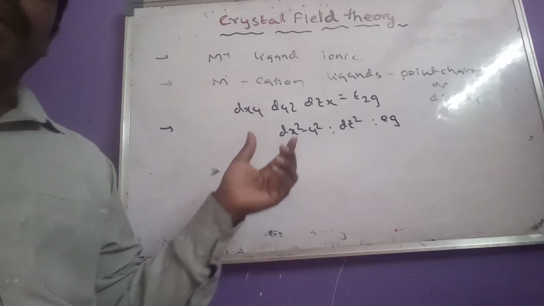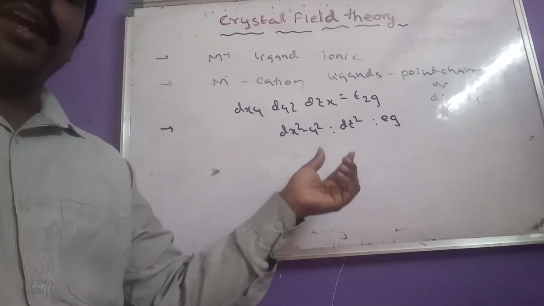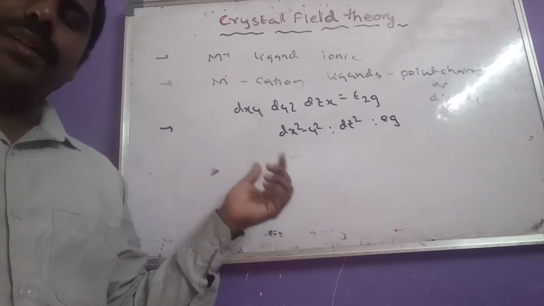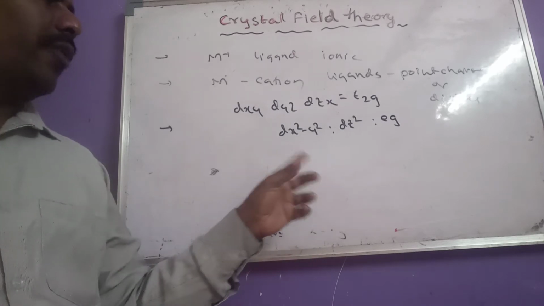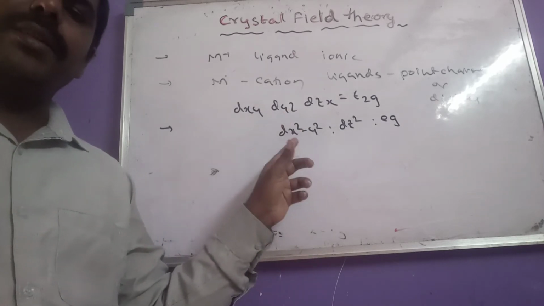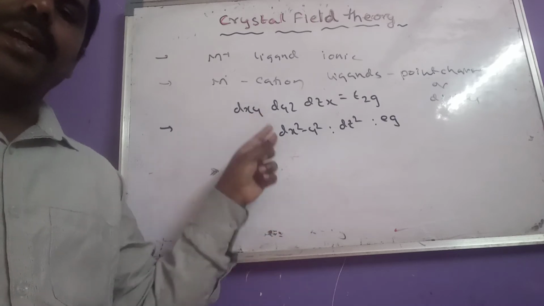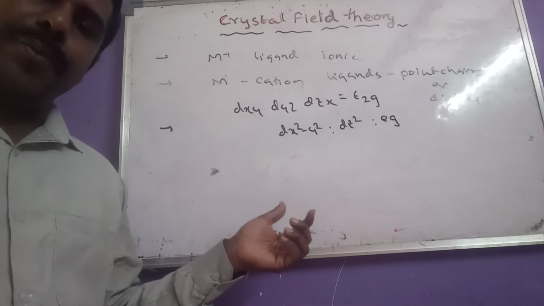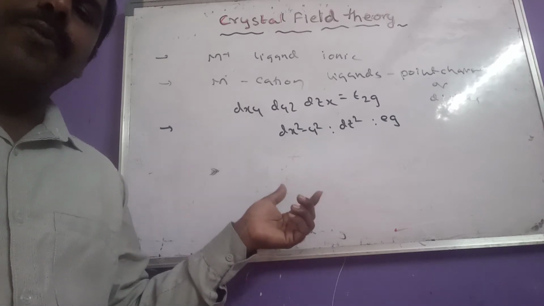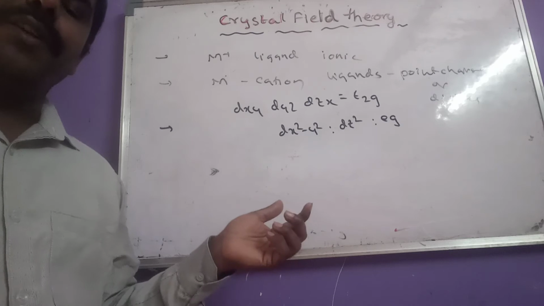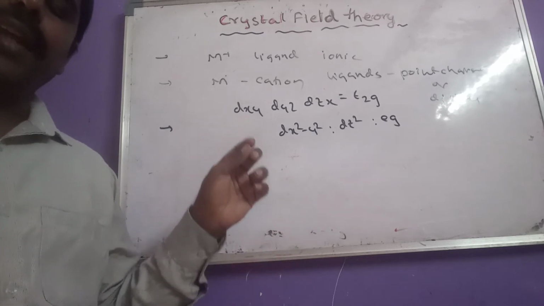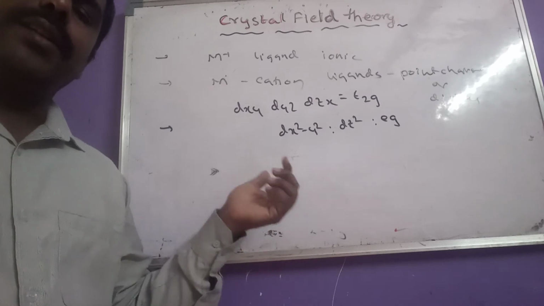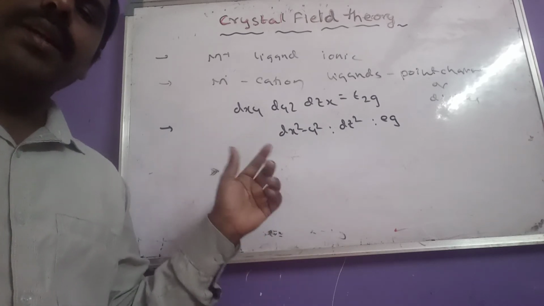So in the presence of a ligand, when the ligand approaches the central metal atom in a complex, the degeneracy is disturbed and the d orbitals split into two groups. That splitting depends on the number of ligands approaching and also on the charge present on the cation, that means the central metal ion.